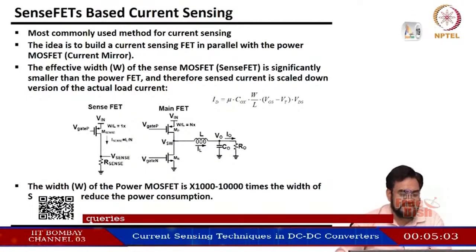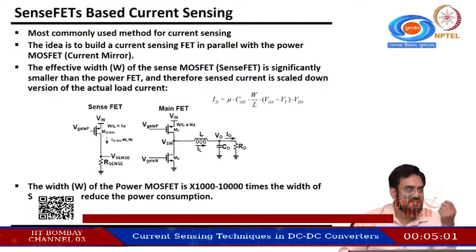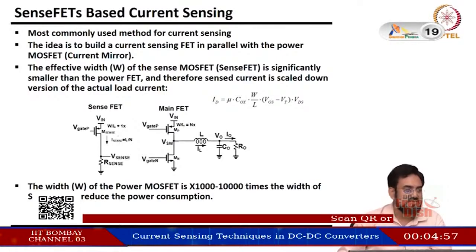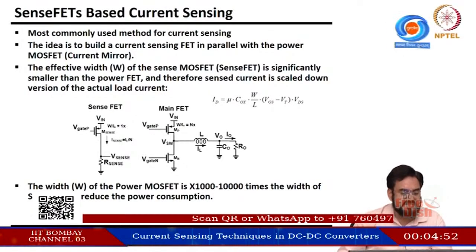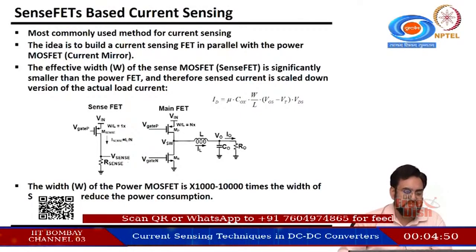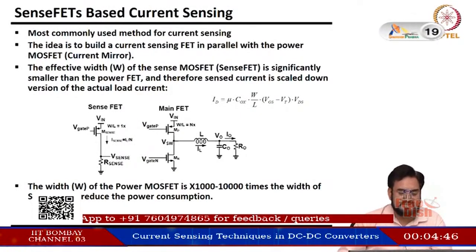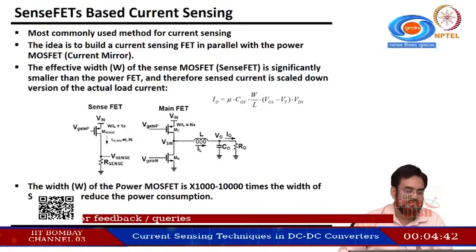But here in the linear region, even a small change in the voltage can cause a huge change in the current. So which means we have to match both VGS and VDS, and that's what we do here. So if this is n times and this is 1x, again a 1:n ratio here, which could be 1000 to 10,000 times.